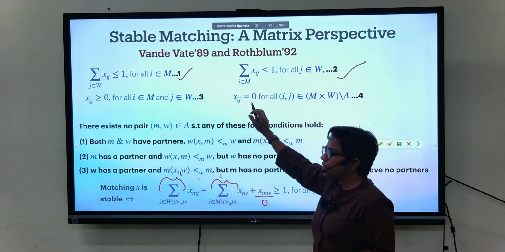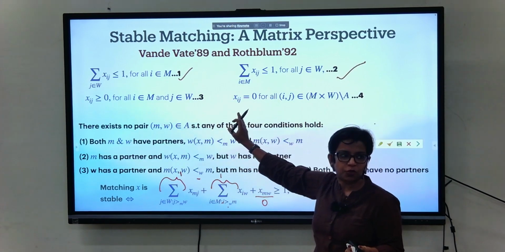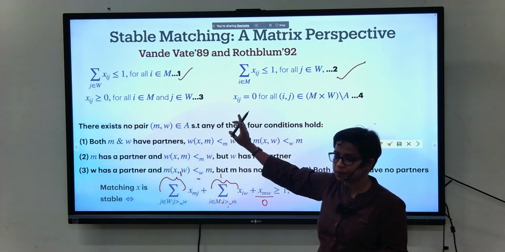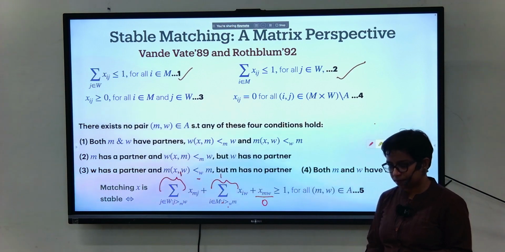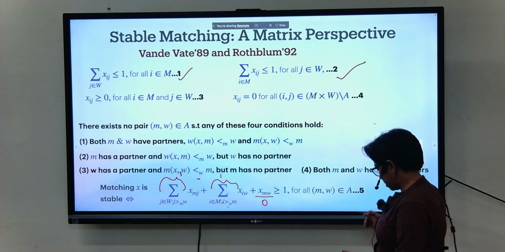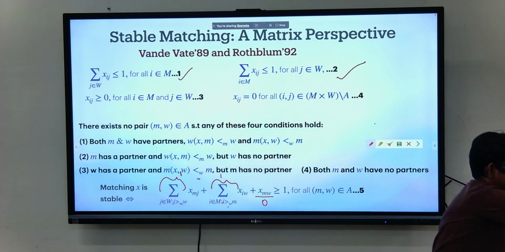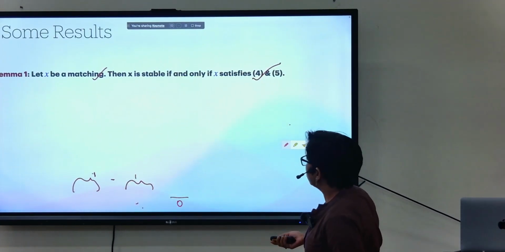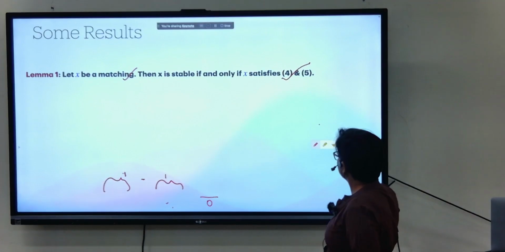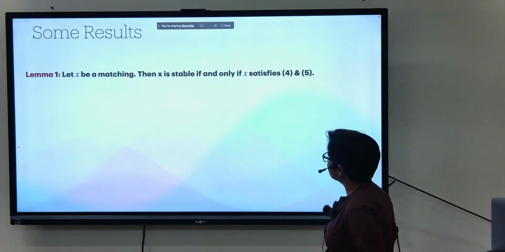This is the individual rationality constraint, which is that you don't get matched to people you don't find acceptable. And this is the stability constraint. Right, this thing stays.